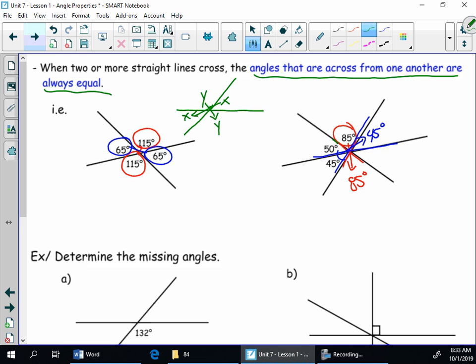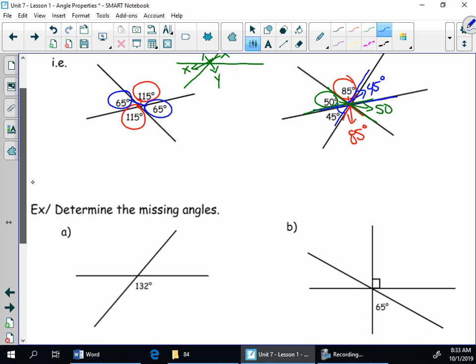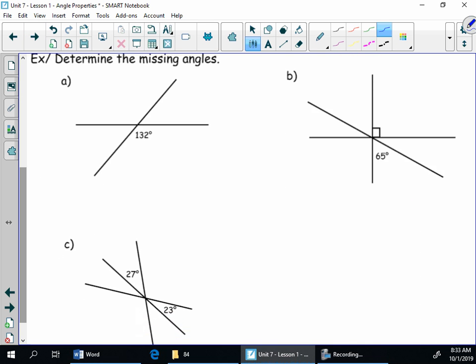And obviously the last one here, 50, is across from 50. Now I put them in color here so we can see them, right? The angle between the two green lines is both the same. Between the two blue lines is both the same. A little bit harder for you guys to do because you only have a pencil, but you can use the same idea. Okay, so let's find some missing angles.